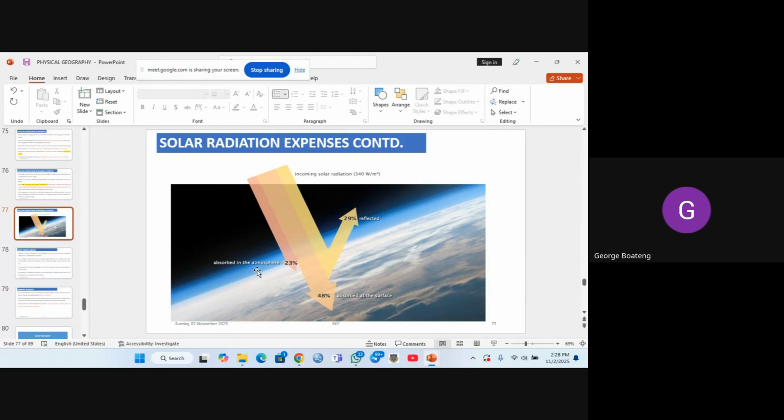So at any point in time, portions of the solar radiation are taken back. The conclusion is that the total amount of solar radiation from the sun does not get to the Earth's surface. Portions of it are reflected, portions of it are scattered, portions of it are absorbed.